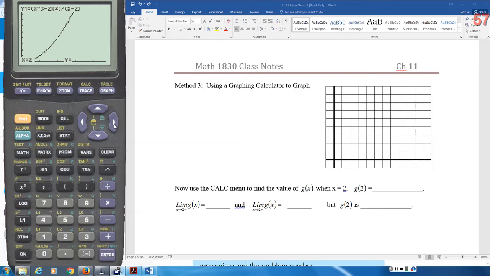But I want you to notice what happens, and I'm going to start at x equals 0. As I get closer and closer and closer to 2, watch y grow. Now I'm at 1.5. That's only a half a unit from 2. That's not real close to 4.